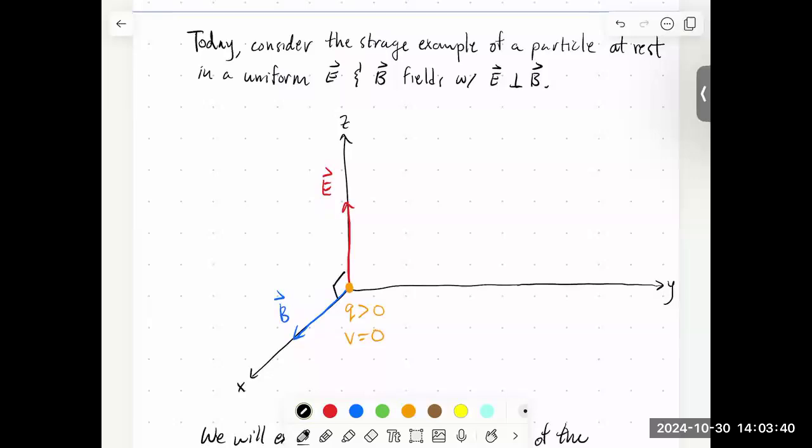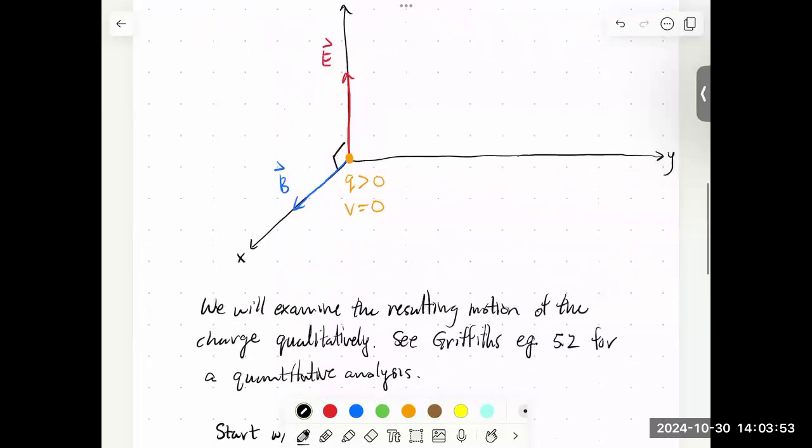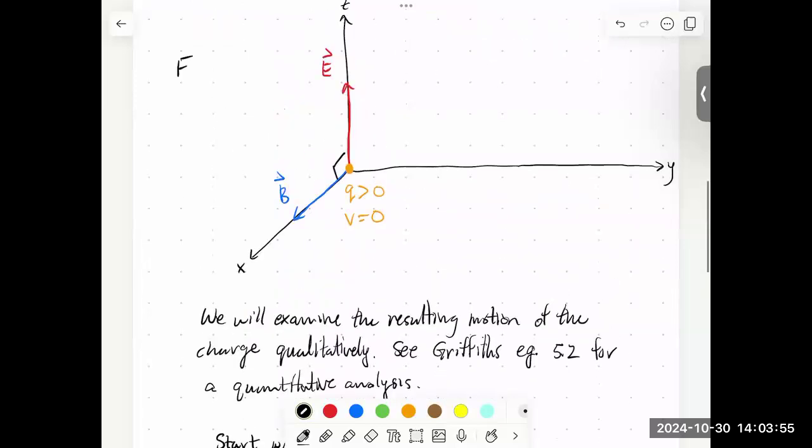So here's the picture. We're going to start with Q at rest at the origin. And let me just write down here our force equation once again. It's Q times E plus V cross B. Okay. All right. So let's see if we can get started.